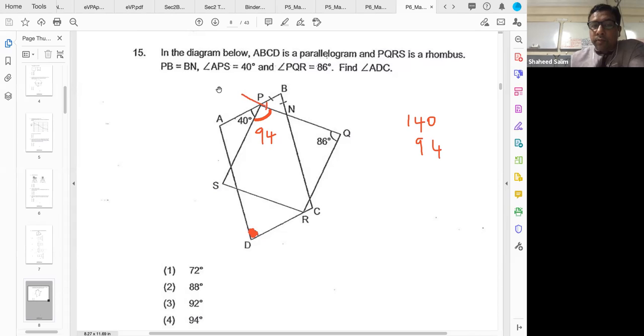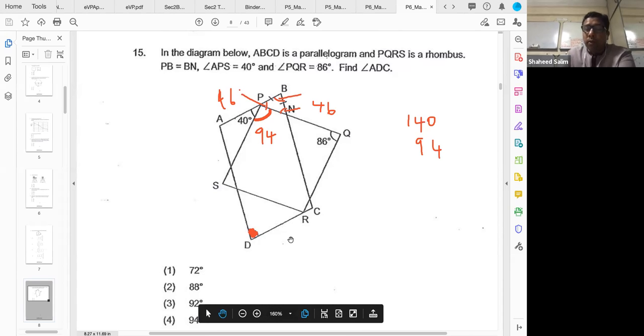Okay, it's 46. And then you look, these two are same sides. This is an isosceles triangle. So this one 46 also. 46 plus 46 is 94, right? So what is this? 180 minus 94, you get 86, is it?